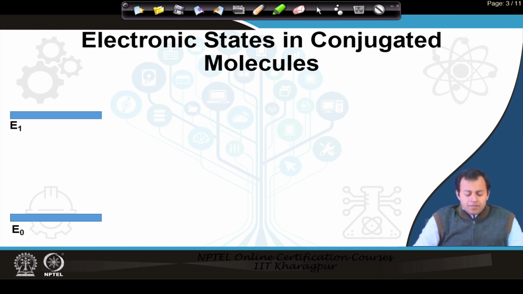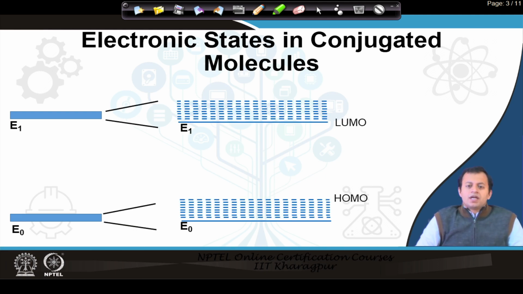You see, when we are talking about the electronic states in conjugated molecules, it is not just one energy band or two energy bands. What exactly are these energy bands per se? Turns out that each of these energy bands contains huge numbers of individual molecular orbitals.